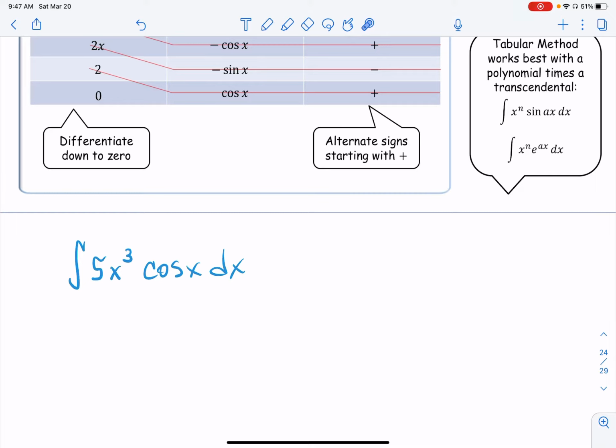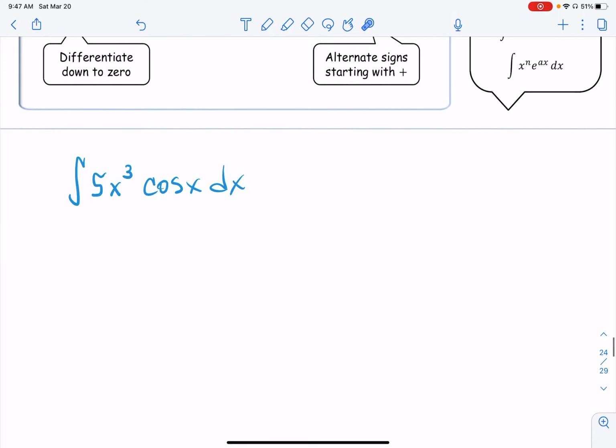If I were going to do integration by parts on this, taking the derivative would make this an x squared, but it would still be multiplied times the antiderivative of cosine, which is sine, so I would have to use integration by parts again. This is a really good candidate for the tabular method, right? We have a polynomial function multiplied times a trig function.